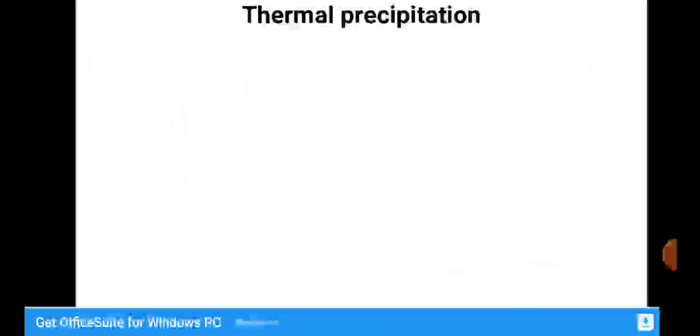The last method for sampling of particulate air pollutants is thermal precipitation. As the name suggests, thermal means heat energy. Heat energy is used for sampling of particulates.